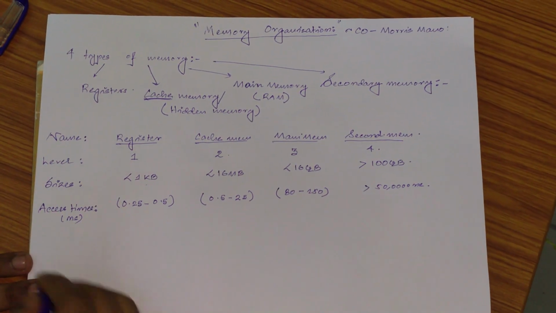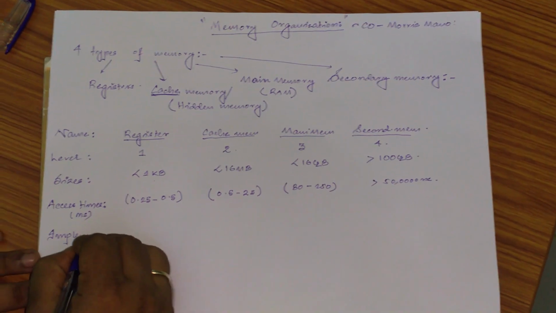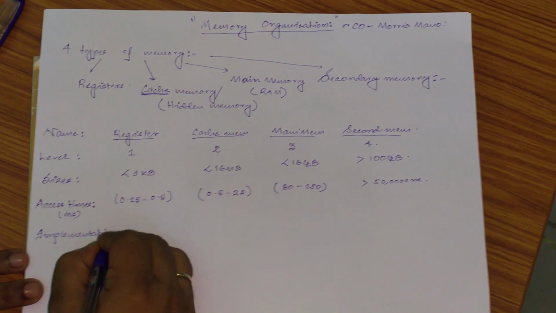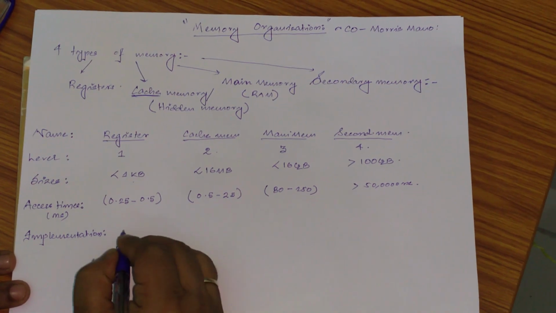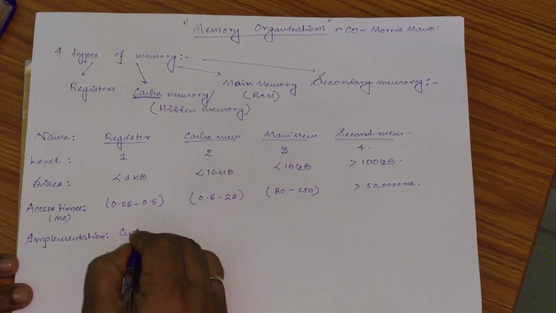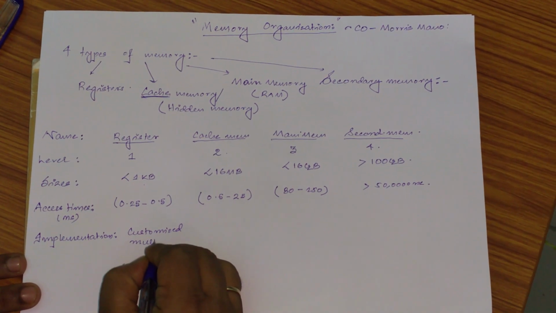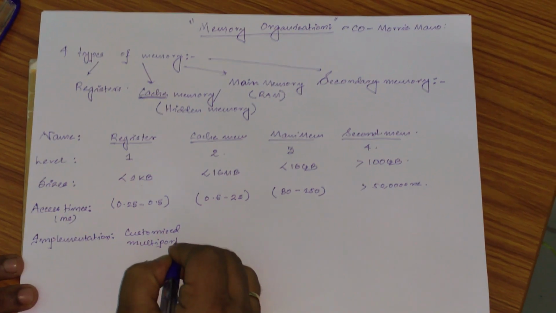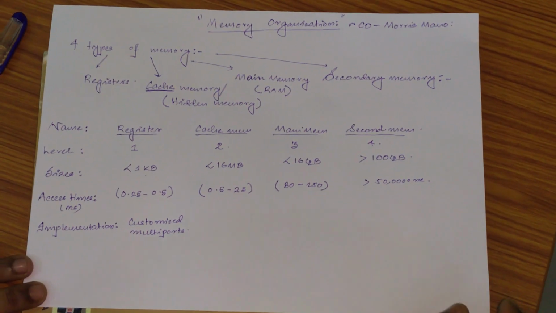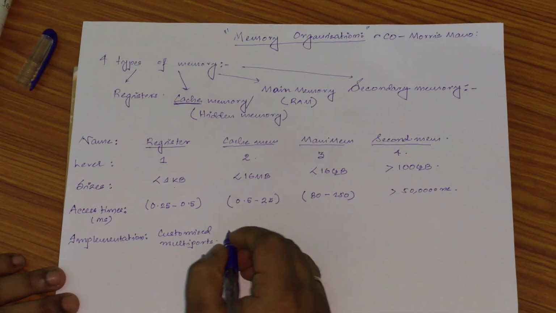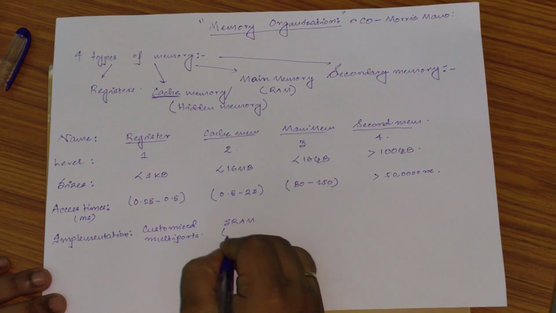Now let's compare the implementation, how each of these memories is implemented. Registers are generally implemented with customized multi-ports. The details of the implementation are not needed, at least for this course, just for the information. Cache memory is made with SRAM, static RAM, which is flip-flops.